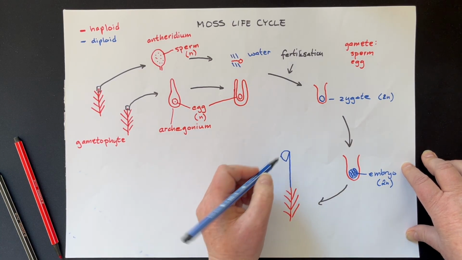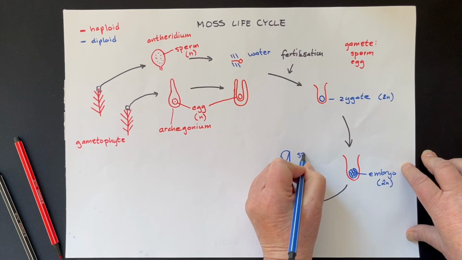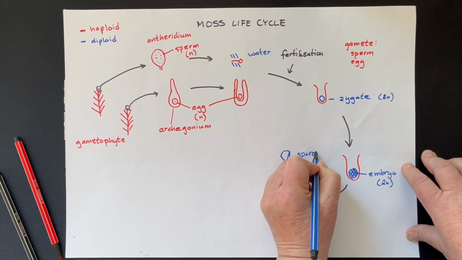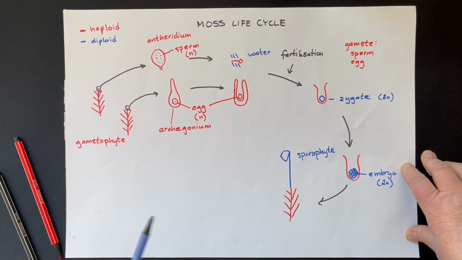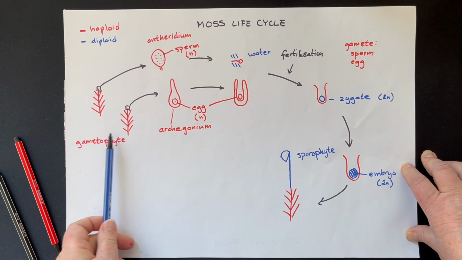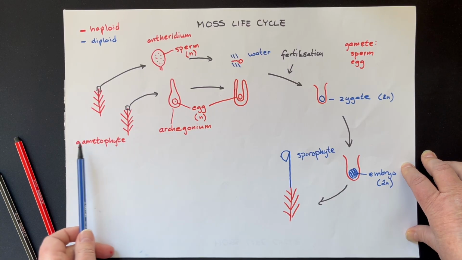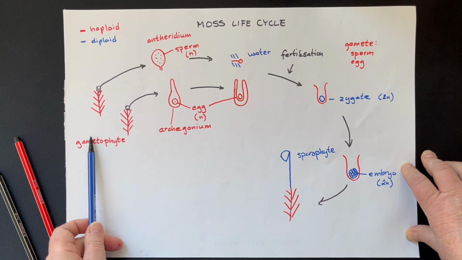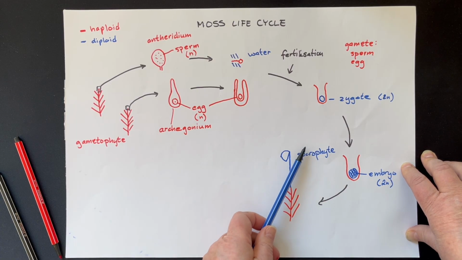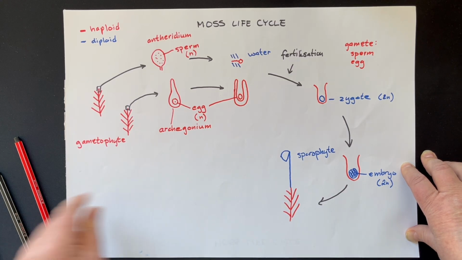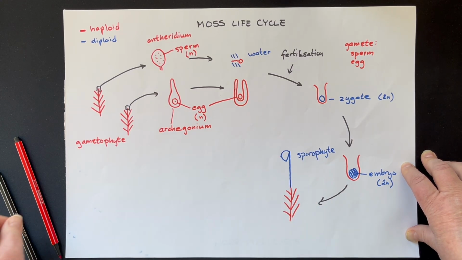This whole structure is called a sporophyte. And over here we have the phyte, the plant, carrying sex cells, gametes. Here we have the plant carrying the spores. The spores are being produced in here, in this container.